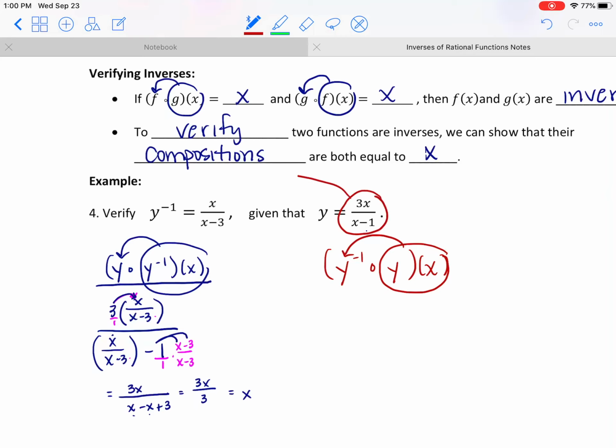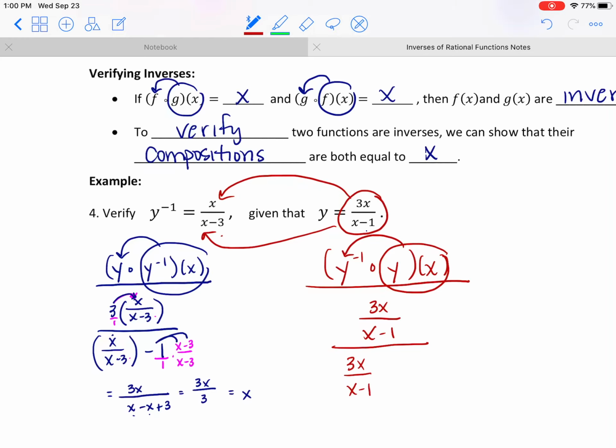So this original function is going to go here, and it's going to go here. Okay, so what's that going to look like? So instead of x at the top of the fraction, we're going to have the whole original function. So it's 3x over x minus 1 over, instead of x minus 3, it's going to be the whole function minus 3.